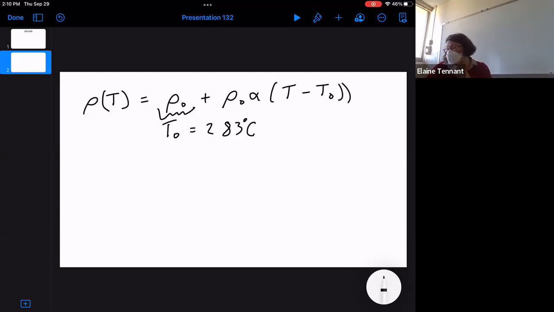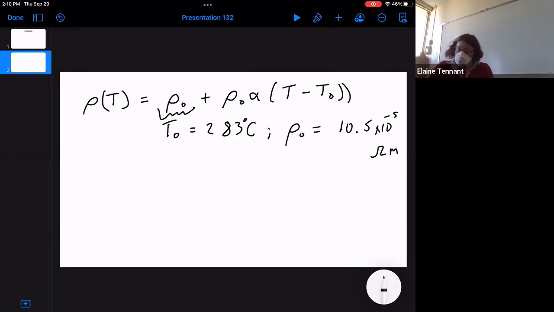Okay, T naught, 283 C. Okay, so yeah, rho naught would be like the base temperature. So at this base temperature of 283 degrees Celsius, the base resistivity of this would be 10.5 times 10 to the negative fifth ohms times meters.